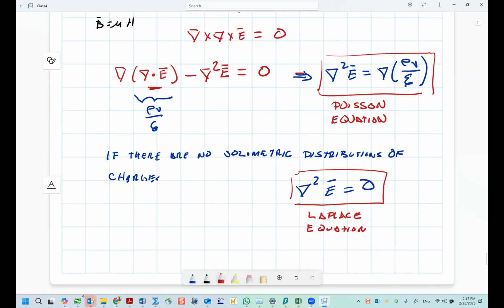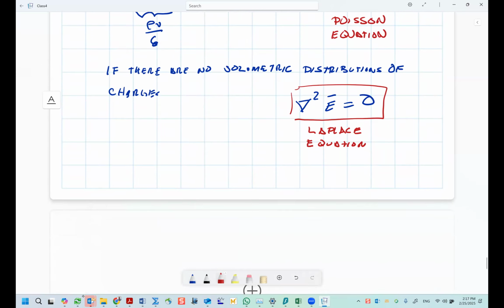So in many cases, let me develop this equation. If I develop this equation, it will be the Laplacian of Ex in direction ax. Remember, this gives you a vector, right? This is all a vector, plus the Laplacian of Ey ay plus the Laplacian of Ez az, and this will be equal to 0. So you have here three different equations.